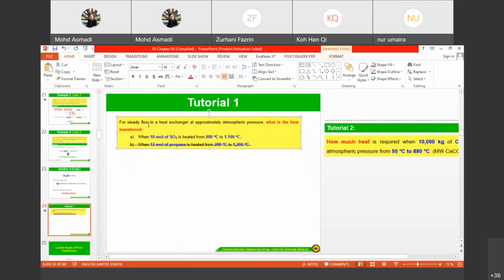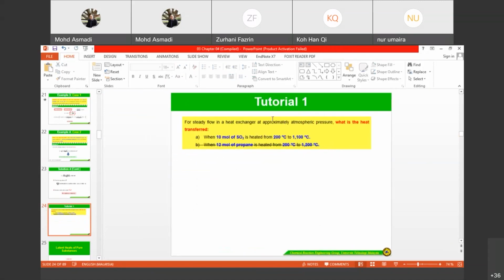For steady flow in the heat exchanger, at approximately atmospheric pressure, what is the heat transfer?